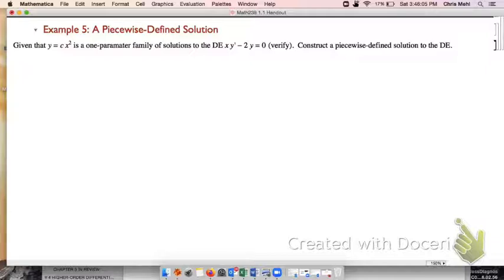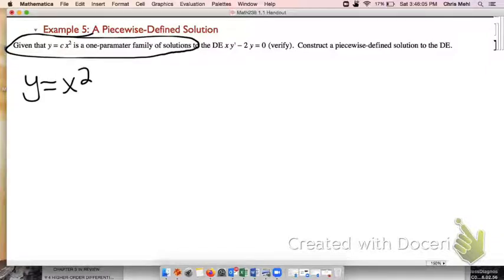So for instance, in this case, this is my one parameter family of solutions, y equals cx squared, and then the interval of solution: y and its derivatives are all defined for all real numbers, as well as the differential equation. That would be the largest interval of solution.